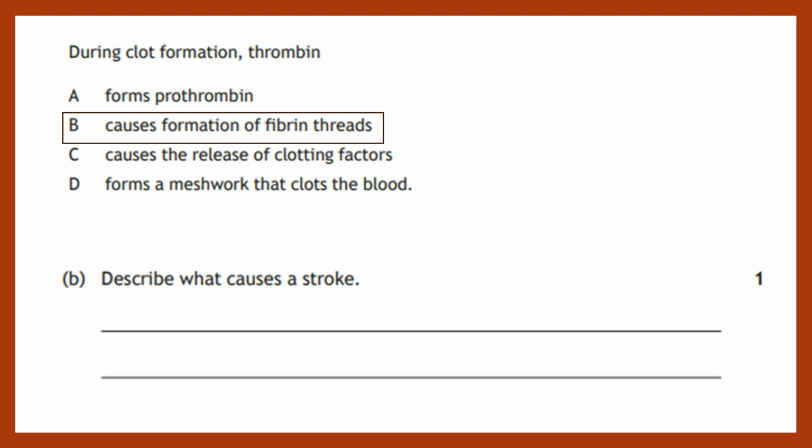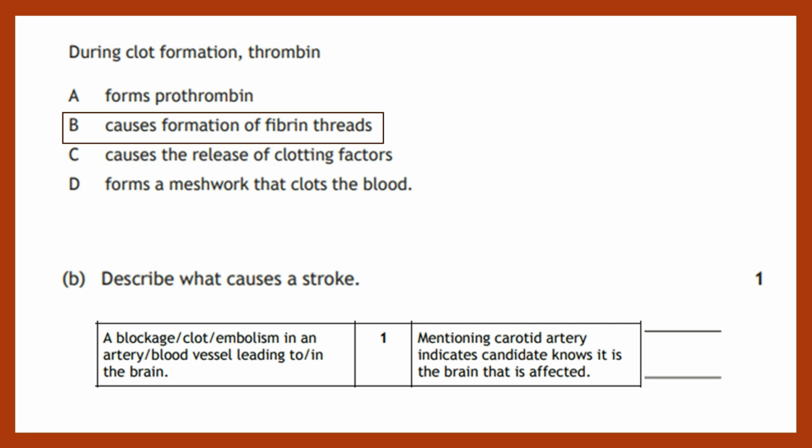Part B is about the consequences. So describe what causes a stroke. Your response is probably going to be pretty similar if you were talking about an MI or some other consequence, because what happens is a blockage, a clot, an embolism in an artery, in a blood vessel. In this case, it's a stroke, so leading to or in the brain.